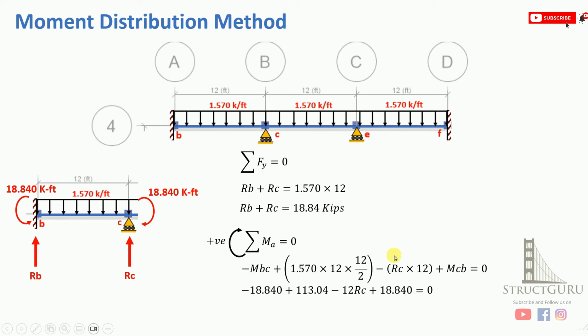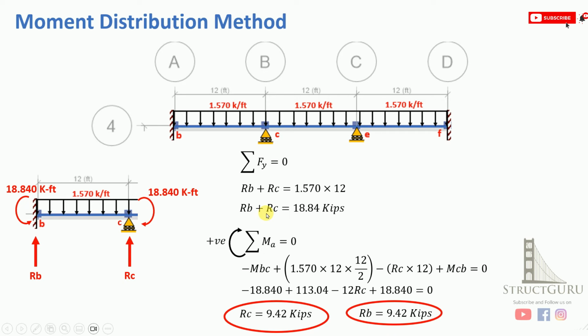So RC into 12, and finally this is clockwise moment acting on the joint C, which is 18.84. So when you solve this, you'll be computing RC as 4.52, and once RC is known, just add this RC in this equation and you'll be getting the value of RB.